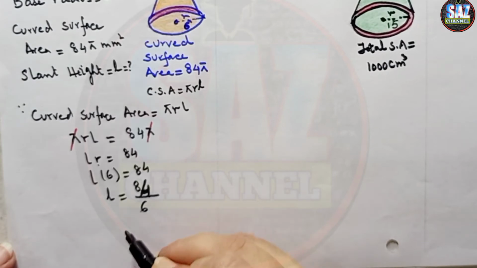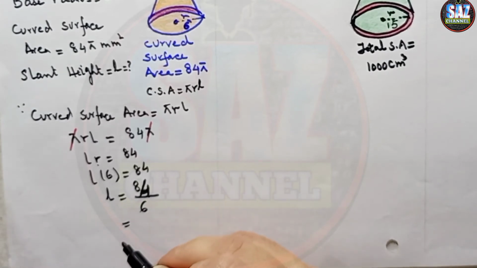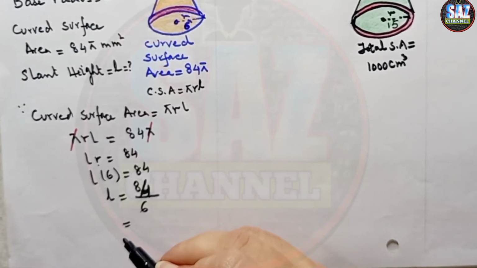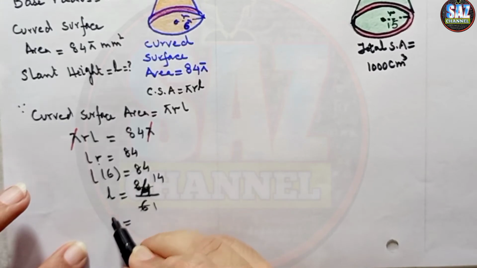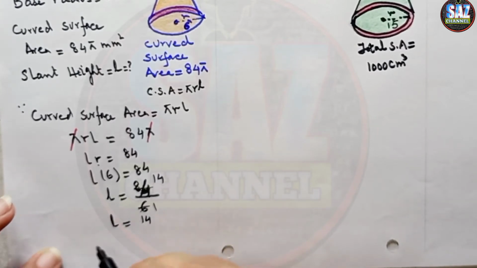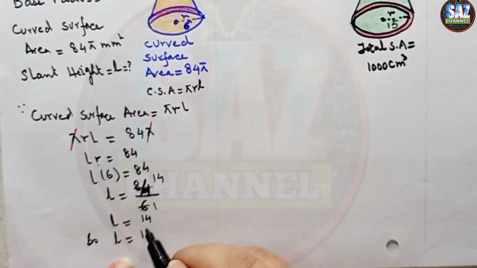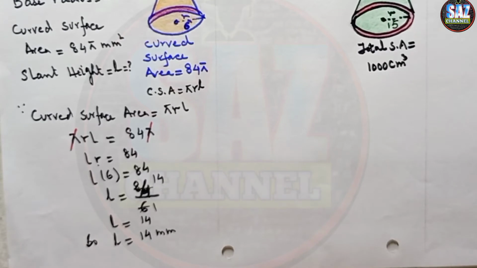Now read the table. You should have a good hold on tables. 6 times how many is 84? 14 times. 6 ones are 6 and 6 14s are 84. So l equals 14. The requirement of the question was the slant height, which is equal to 14, and the unit is millimeter. I hope you are clear about this question.